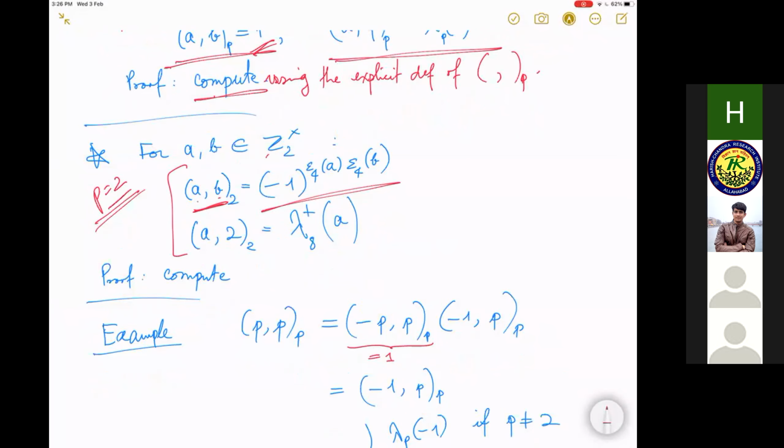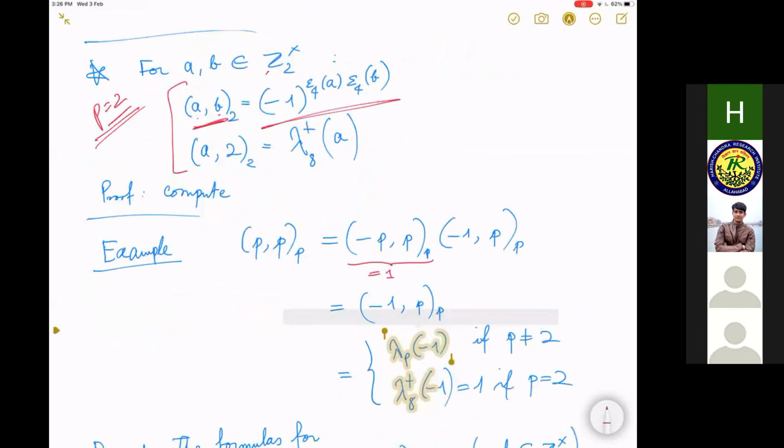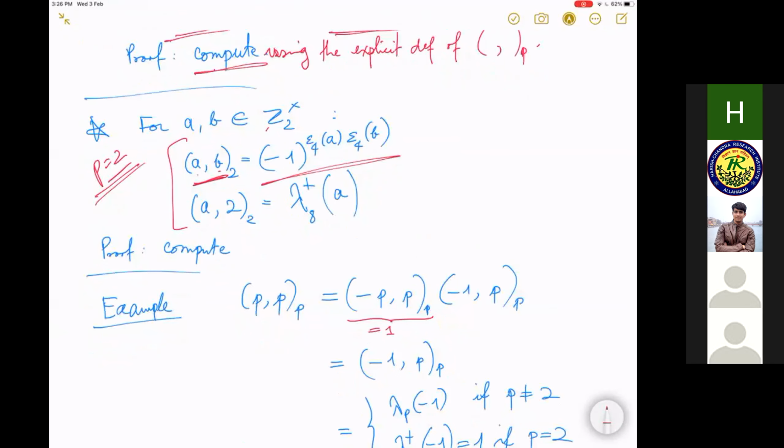Then (A, B)_2 is minus 1 to the power epsilon 4 of A times epsilon 4 of B. Right? So what is epsilon 4 of A? Let us just recall. The only possibilities are 0 and 1. It's equal to 0 if A is congruent to 1 modulo 4, and it's equal to 1 if A is congruent to minus 1 modulo 4, right? And that's it.